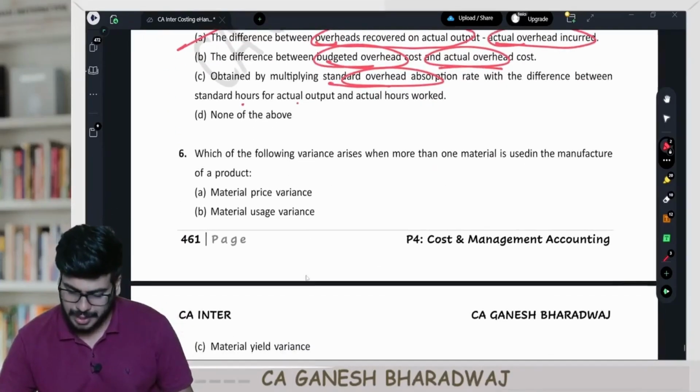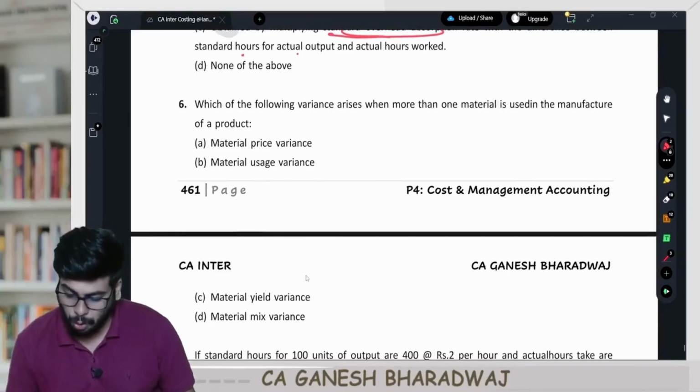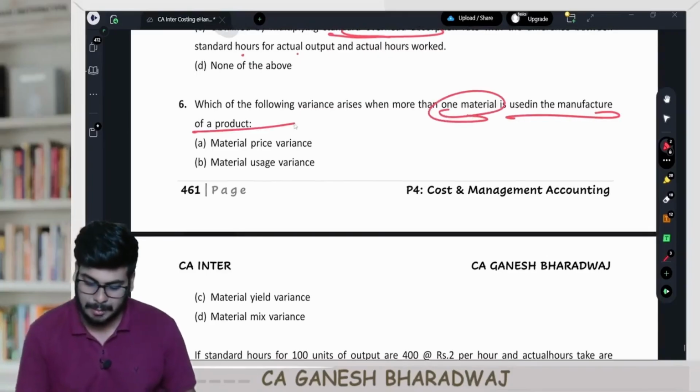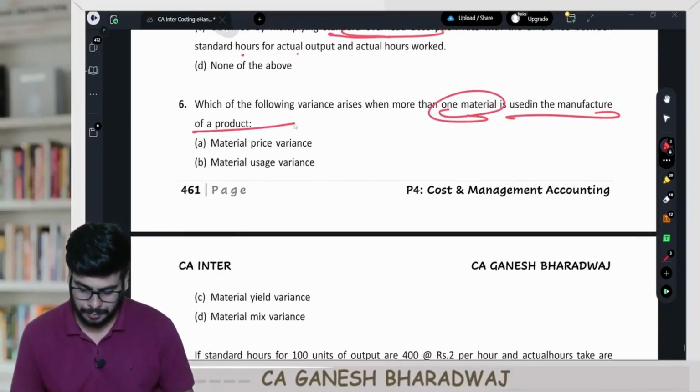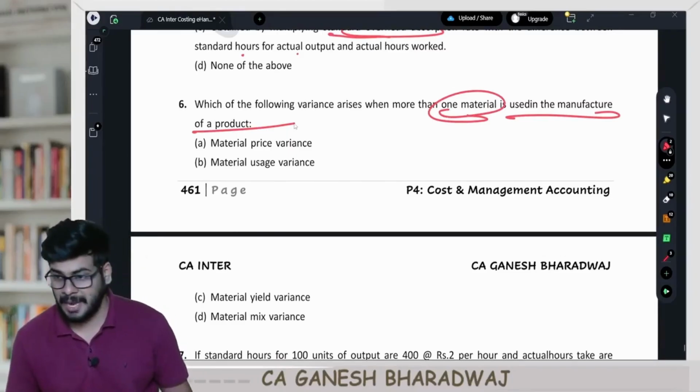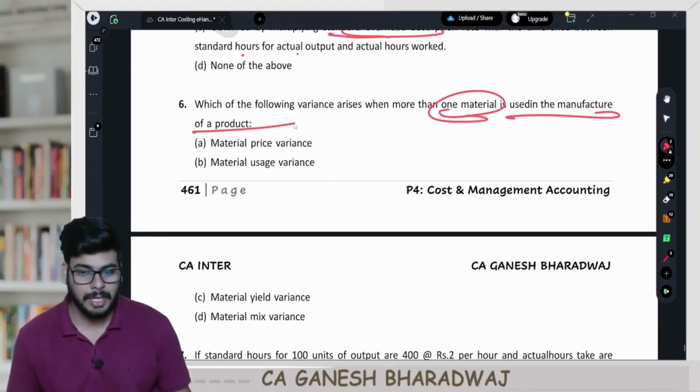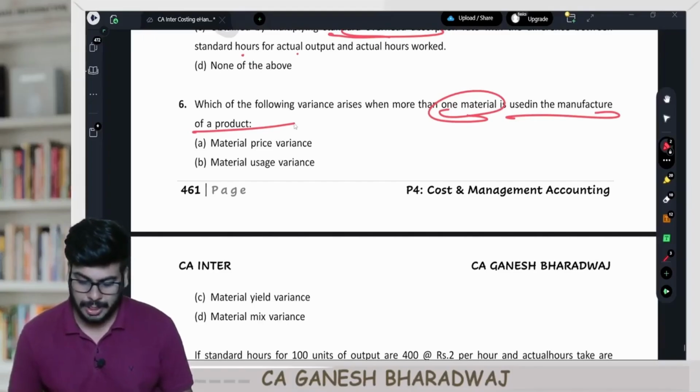Next: which of the following variances arises when more than one material is used in the manufacturing of a product? When will I have this variance?